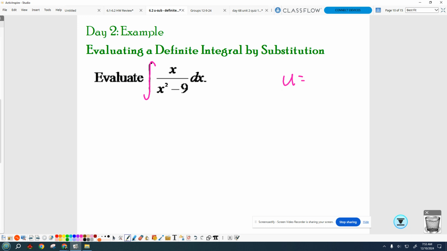What's the u value? And x squared. Just x squared? The entire denominator.